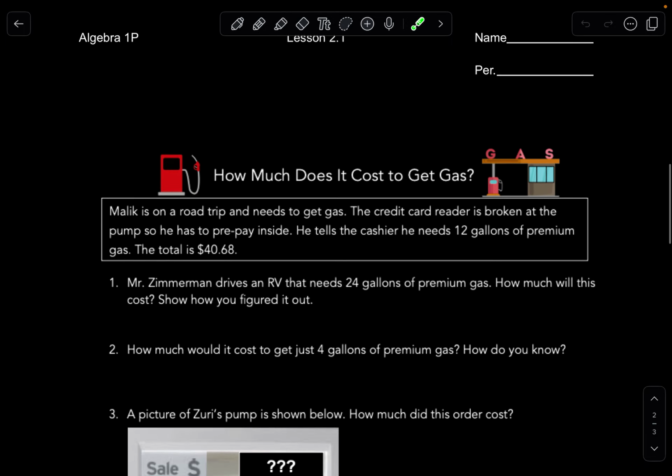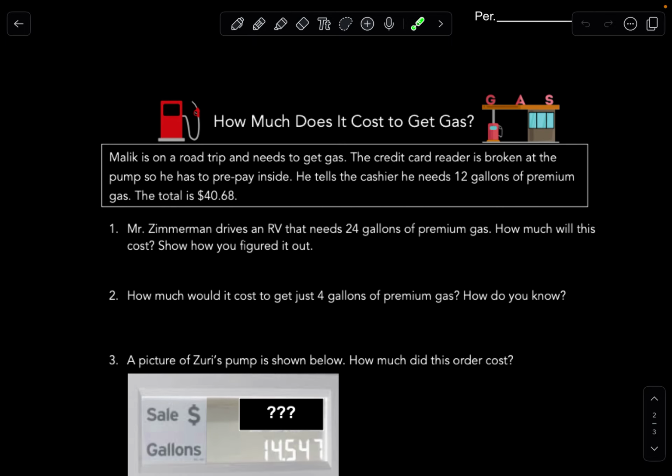All right, so here it is. Malik is on a road trip and needs to get gas. The credit card reader is broken at the pump, so he has to prepay inside. Tells the cashier he needs 12 gallons of premium. The total is $40.68.